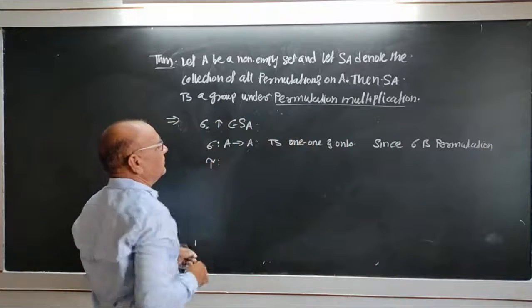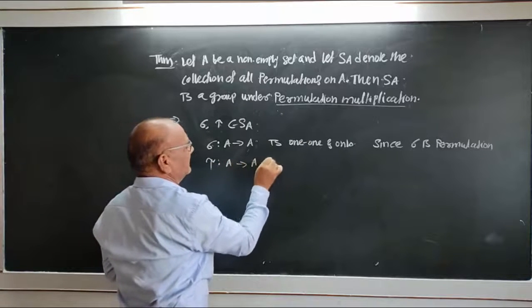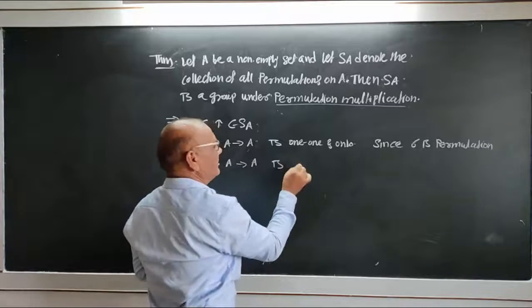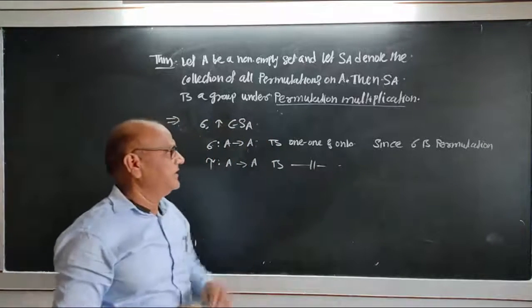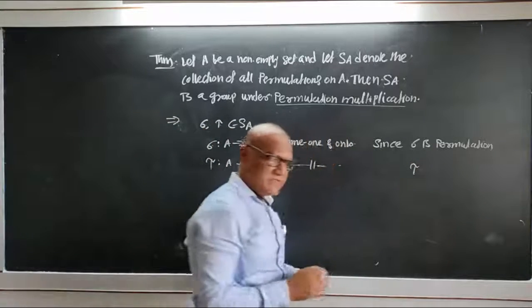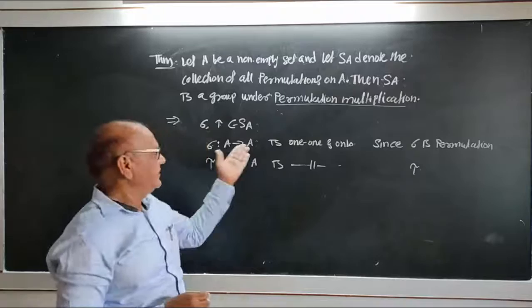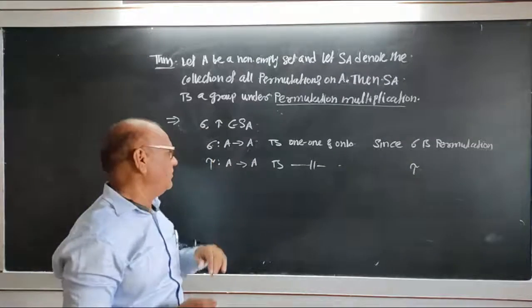Tau from A to A is also 1-1 and onto, since tau is a permutation. These are permutations, so these functions are 1-1 and onto.